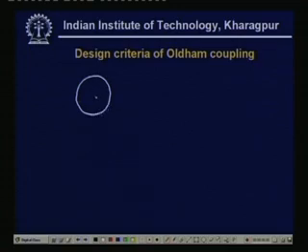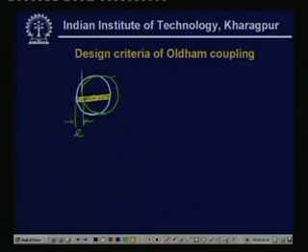So this is the coupling, and the other part of the coupling gets shifted by some amount, let us say E. This distance is E. Then this is the slider, that is the floating member.